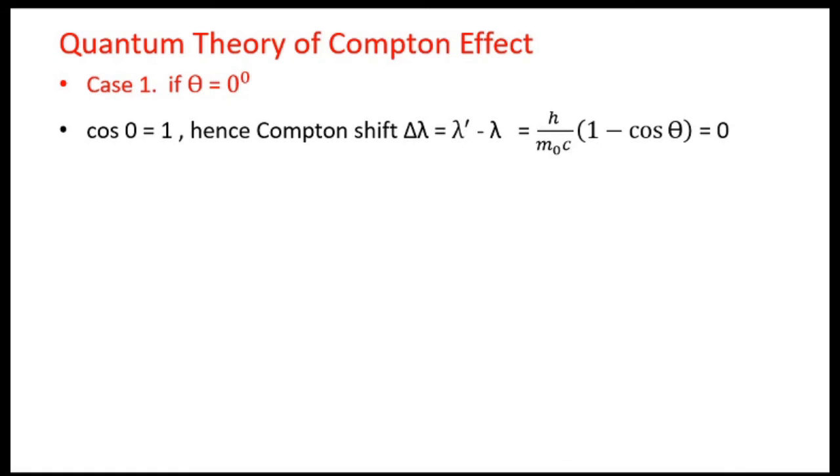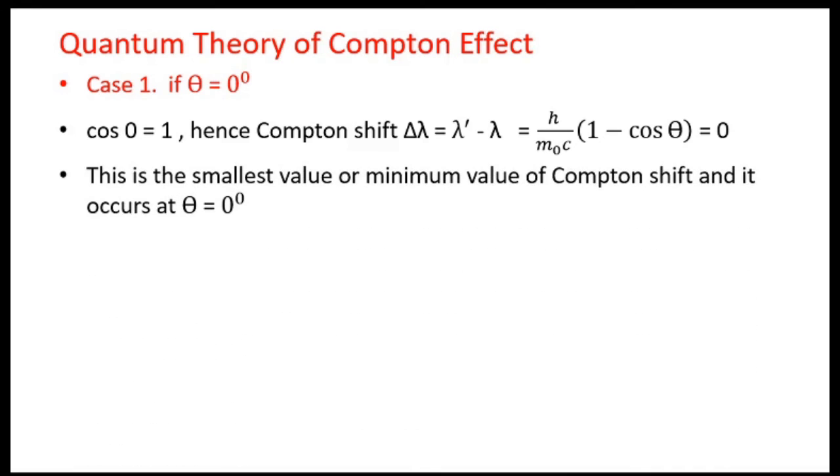In that case, cos 0 is equal to 1, so 1 minus 1 is 0, and the Compton shift becomes 0. That is what we observed in the graph: for theta equal to 0 degrees, there were no two peaks, only one peak was observed, meaning the Compton shift is 0. This is the minimum value of the Compton shift, and it occurs for a scattering angle of 0 degrees.